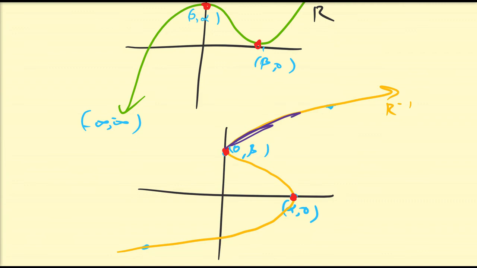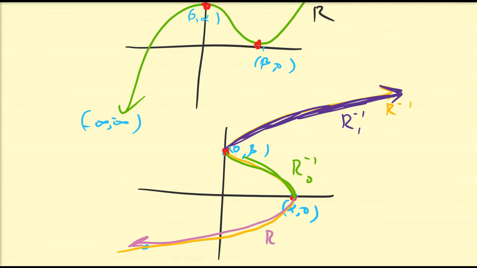You can probably choose this to be your principal branch, right? I can call this, say, R inverse sub 1. You can call this branch R inverse sub 0, and you can call this branch here R inverse sub minus 1.